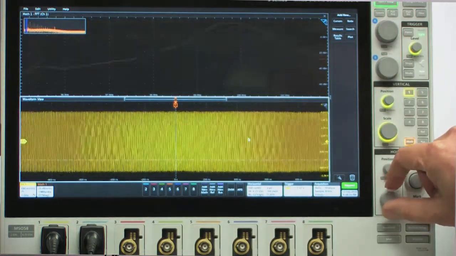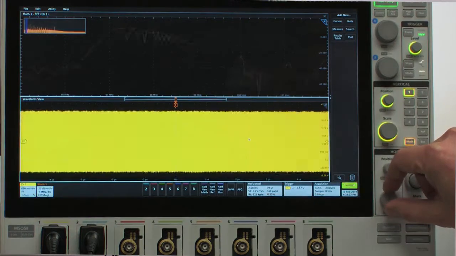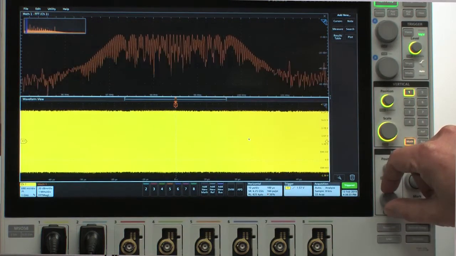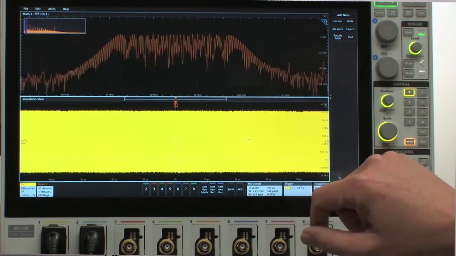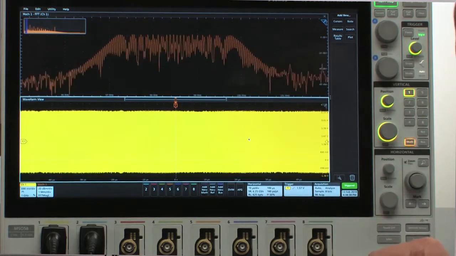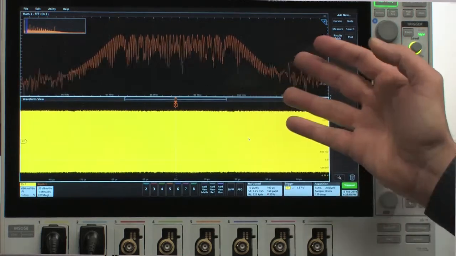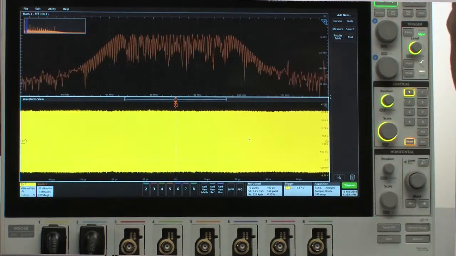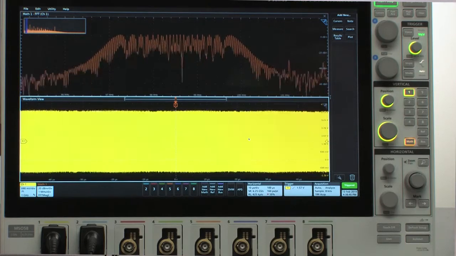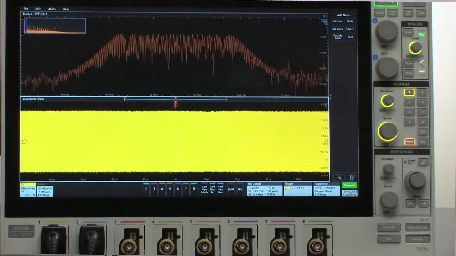As I go to slower and slower sweep speeds, notice that I get better resolution in my FFT view, to the point where when I get to 10 microseconds per division, I can see the characteristics of my spread spectrum clock. But to achieve this setup with a regular FFT, I had to understand the implications of sample rate, record length, and time per div settings on the FFT.